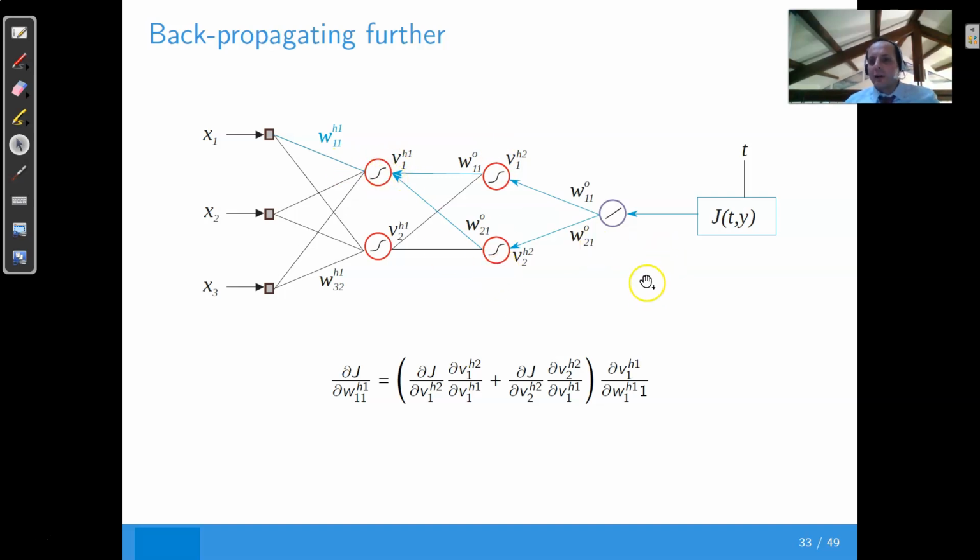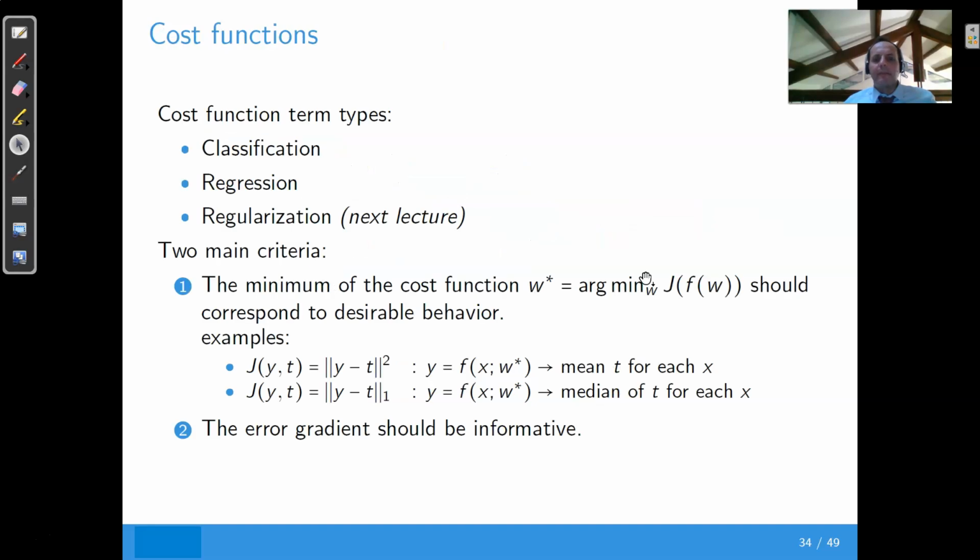So we have a cross coupling between the neurons.